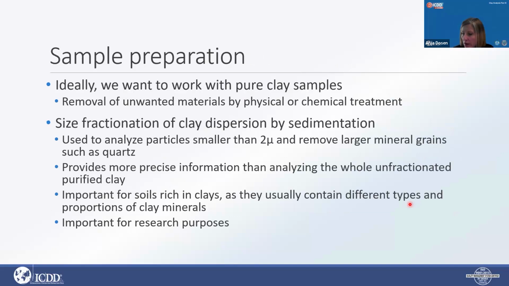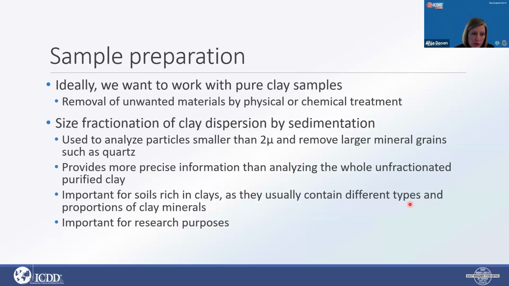So let's talk a little now about sample preparation. As we said, we want to work with as pure samples as we can. So if we want to work with clays, we can start with removing some unwanted materials through physical or chemical treatments. After we do that, we move on to size fractionation because we want to separate the less than 2 micron fraction and work with that.